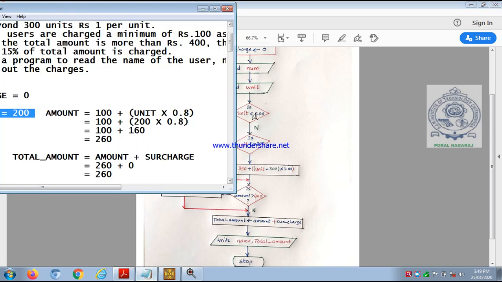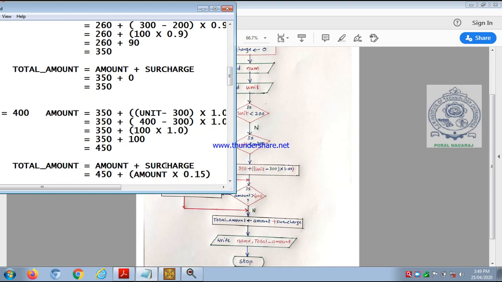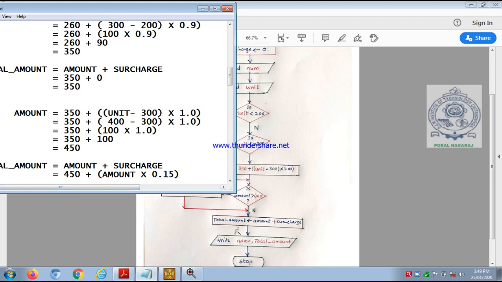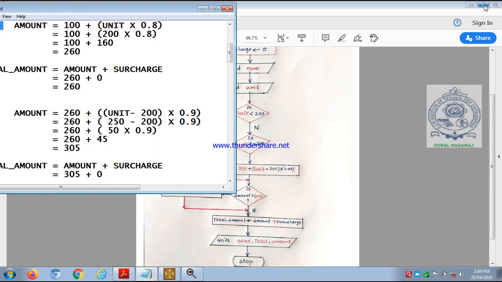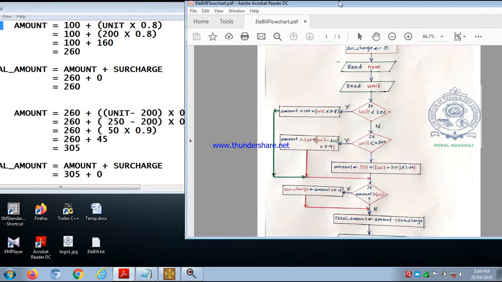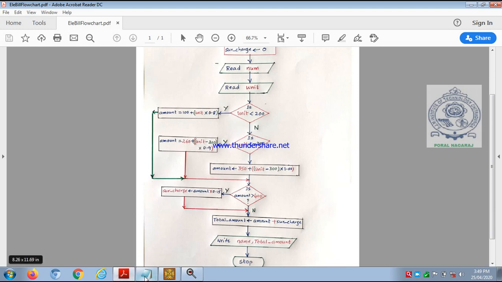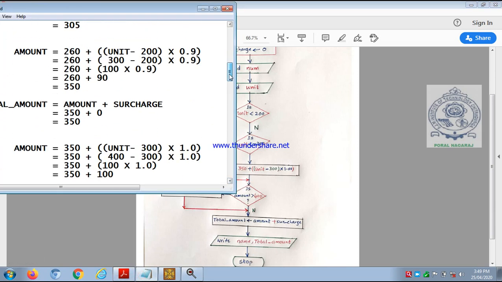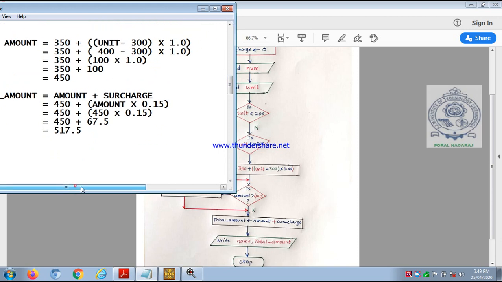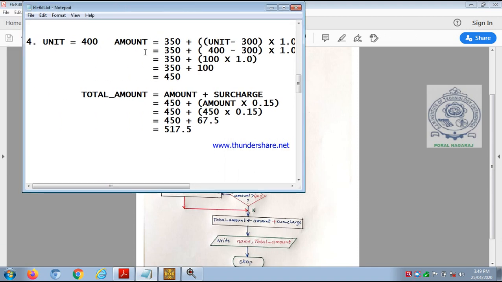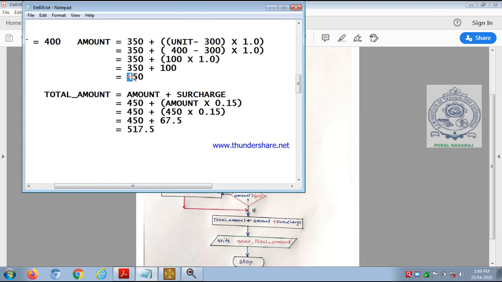We are going to use 1 rupee per unit. For 400, the formula we are using is 350 plus unit minus 300 into 1.0, so that comes to 450 rupees amount.